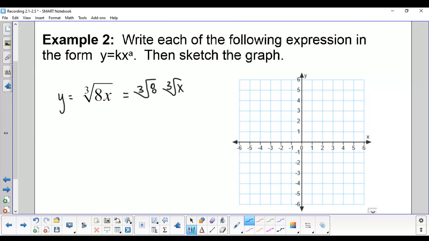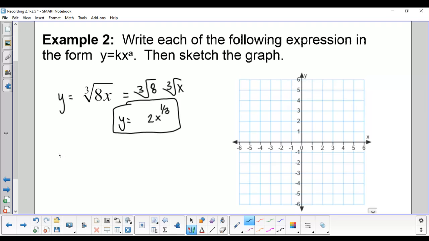This is going to help me identify the k value up front, as well as the a value. The cubed root of 8 is 2, and the cubed root of x is x to the 1/3 power. Recall, we can write any radical as a rational exponent or fractional exponent. So moving forward, I'm going to use this as the power function I analyze.